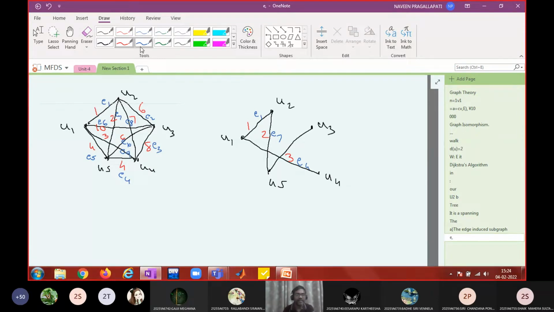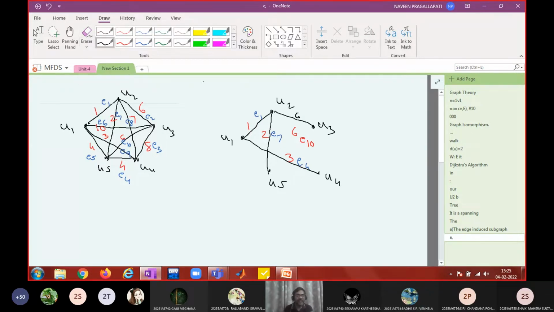What is its weight? 6, and this is called E10. Or instead of this, I can add these two also. That forms another minimum spanning tree. So the minimum spanning tree is not unique. There can be several minimum spanning trees.